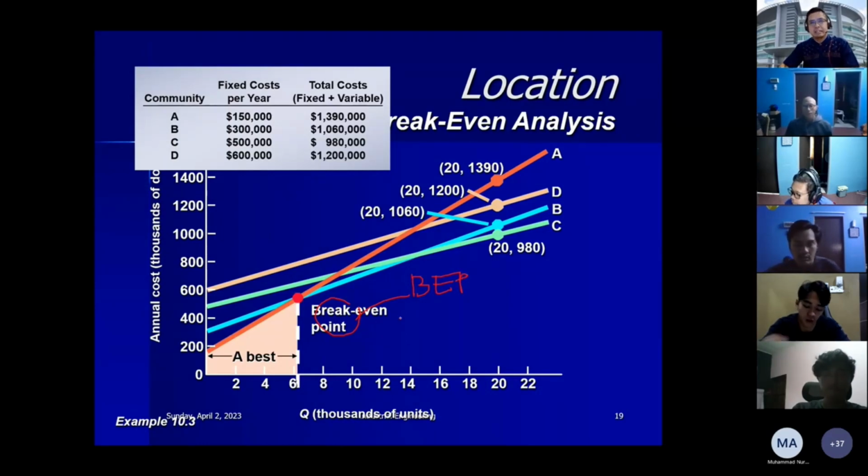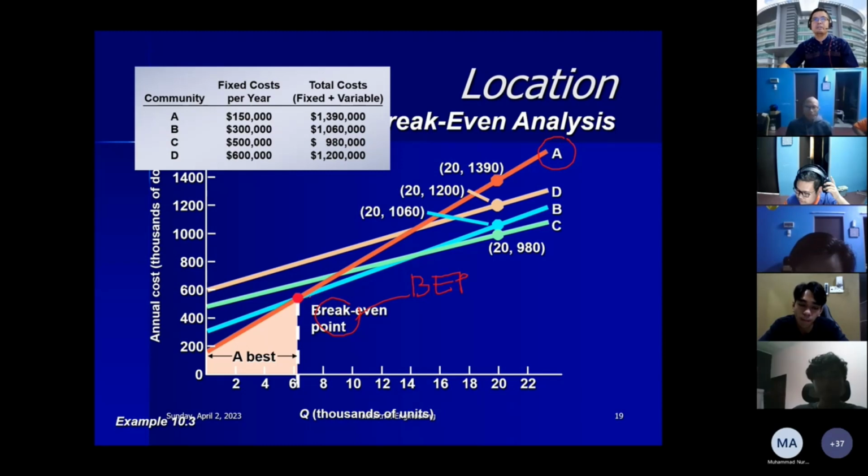In order to find out the break-even point, we first look at the lines here. Is there any intersection between line A, line B, line C, or line D? The first thing, we look at the first line. This is line A. Is there any intersection with the other lines?